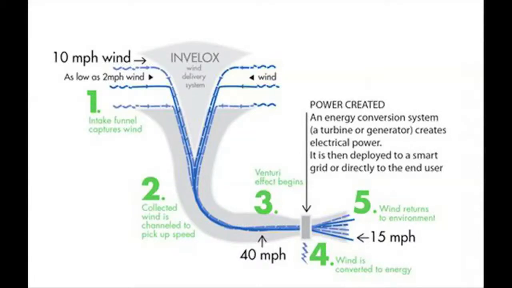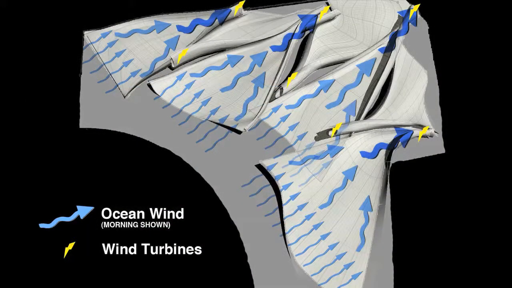Can we funnel and focus it into generators, so we can take, say, a prevailing 5-mile-an-hour breeze off of an ocean and, through the form of the building, focus that into generators? We have turbines. We know that we can focus wind.